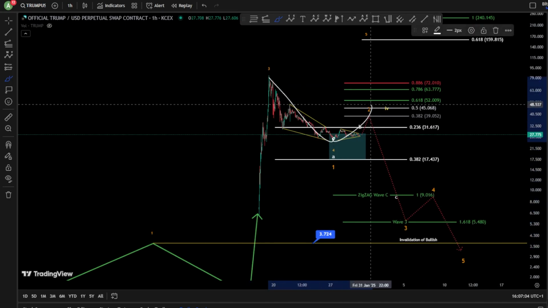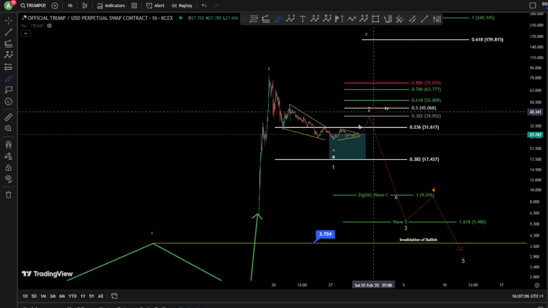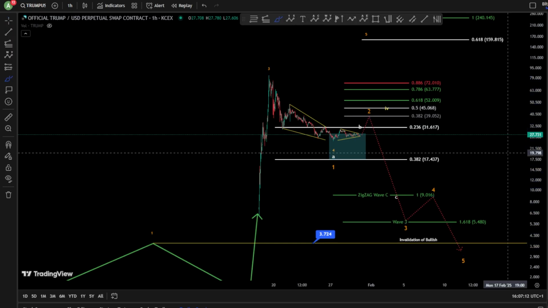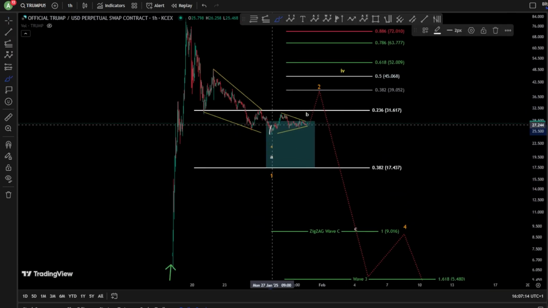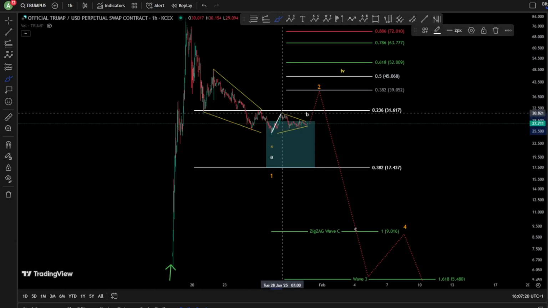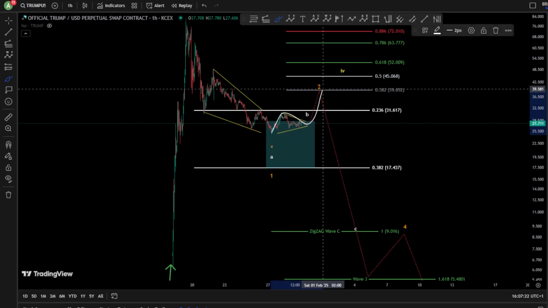And considering that your wave 2 is gonna hit the minimum requirement target at $40 or $39, that is when your wave 2 is, as you can see here, a triangle, probably starting with a triangle, or having an A, B, and a C for 0.38.